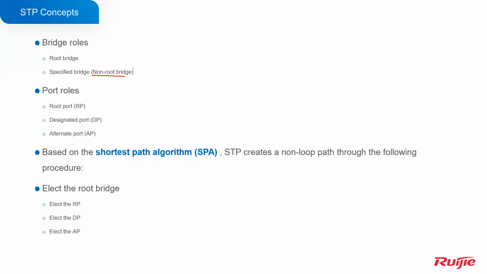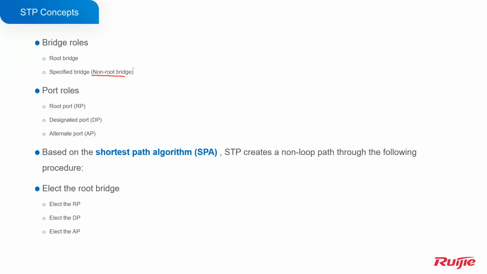Based on the SPA, shortest path algorithm, STP creates a loop-free path through the following procedure. To create a loop-free path, we should do some elections. Firstly, elect the root bridge, and except the root bridge, all the other switches are non-root bridges.